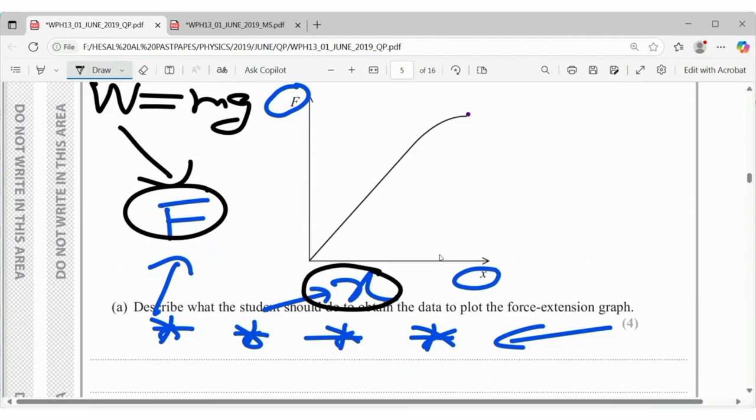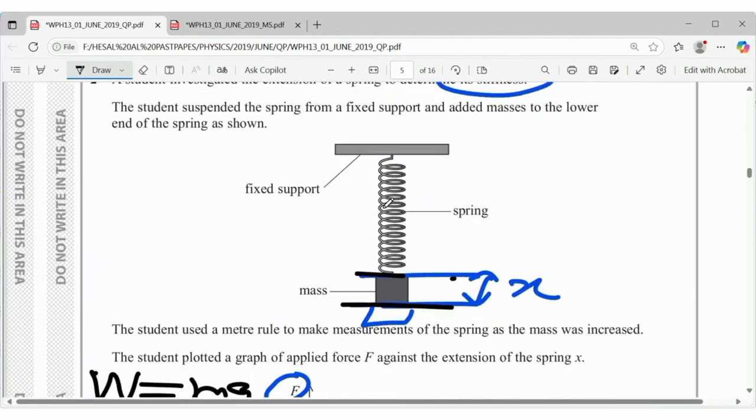Third point, we have to think about the vertical position. It is a must. To verify that, we can use a set square to ensure the ruler is vertical when you are making the measurements.